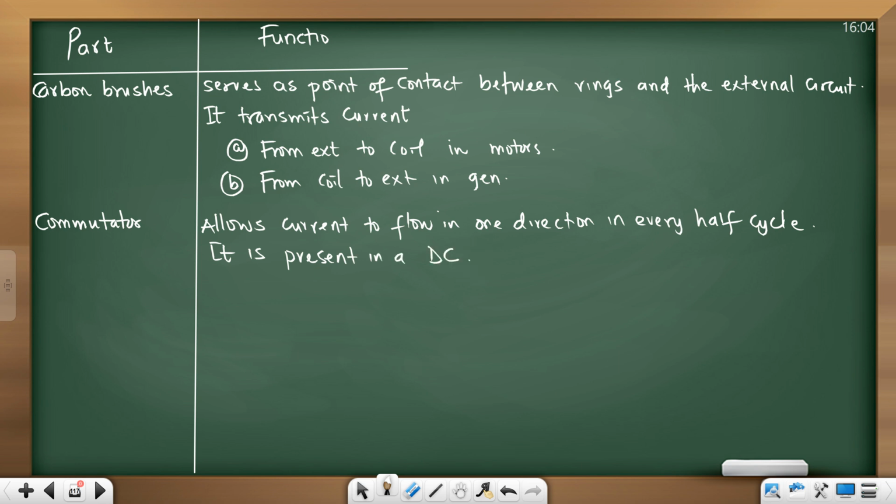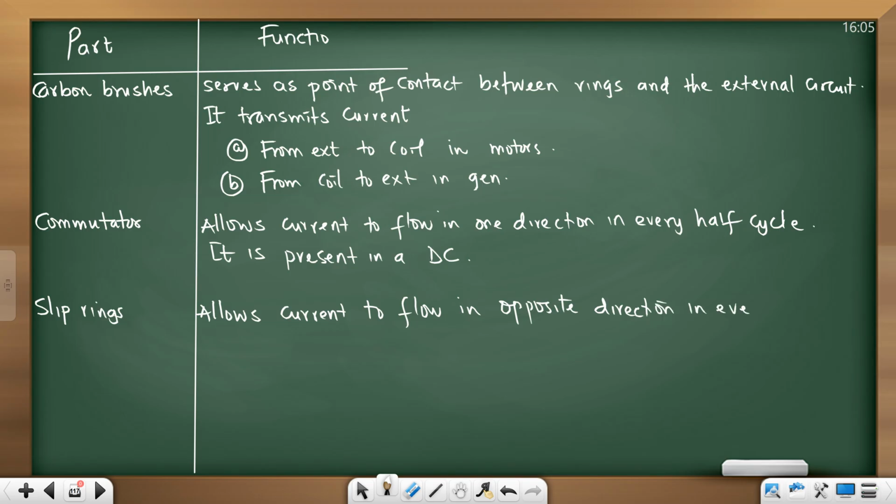Whether it is a generator or a motor, it doesn't matter. Slip rings. Allows current to flow in opposite what? Directions. In every half cycle. It is present in AC.